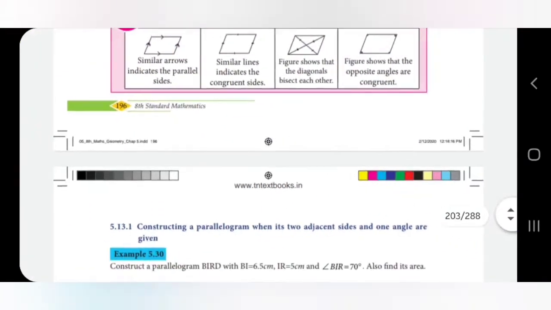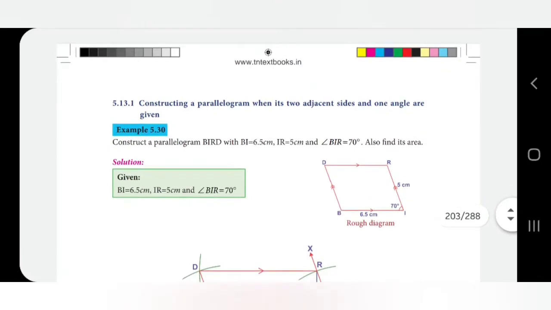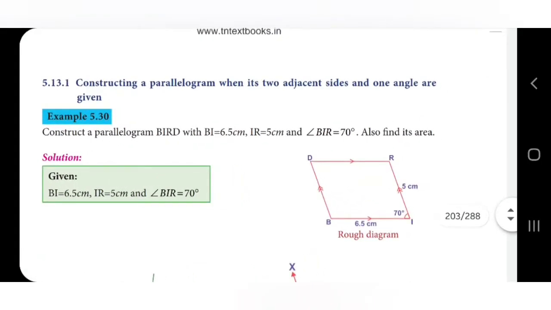Now we will see how to construct a parallelogram. In this practical geometry part, see exercise 5.4, then exercise 5.5, up to exercise 5.5 fourth sum.